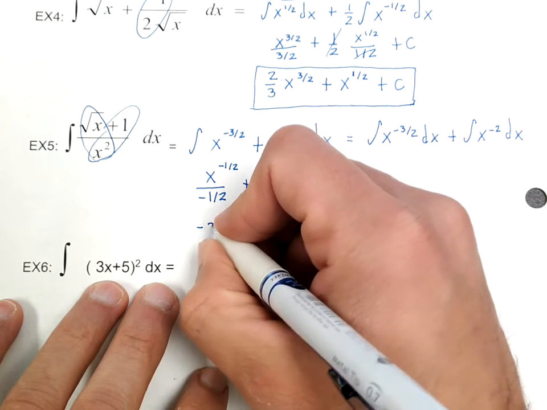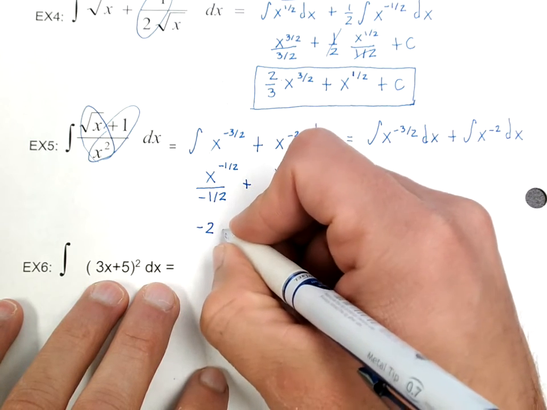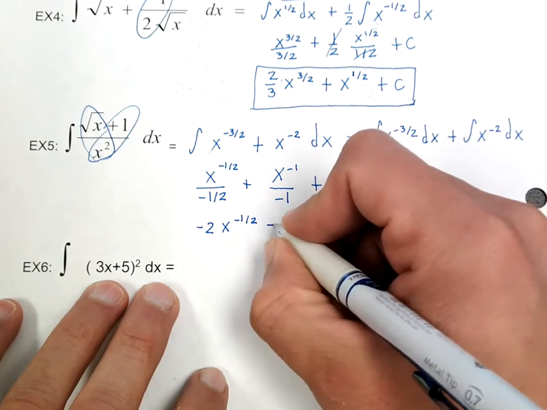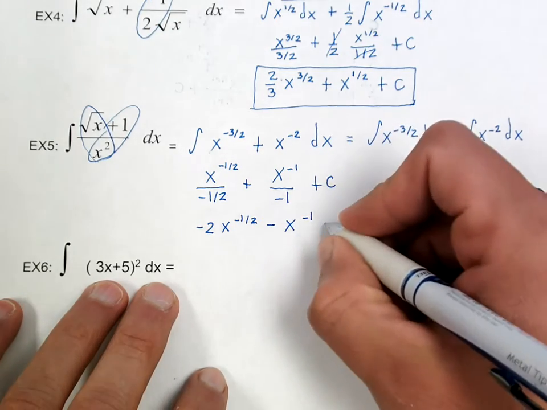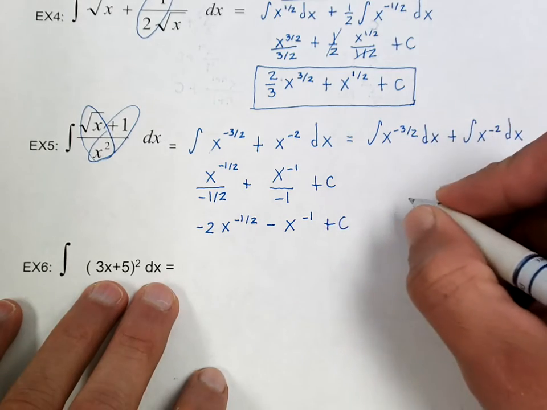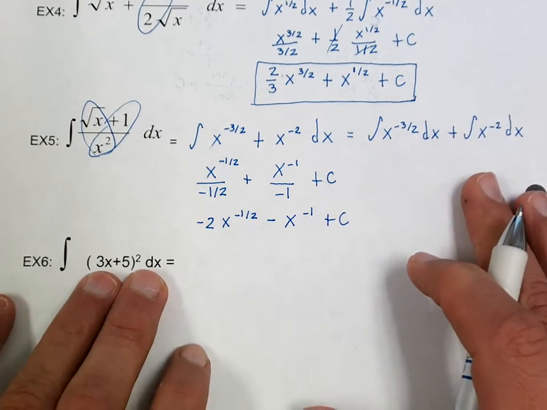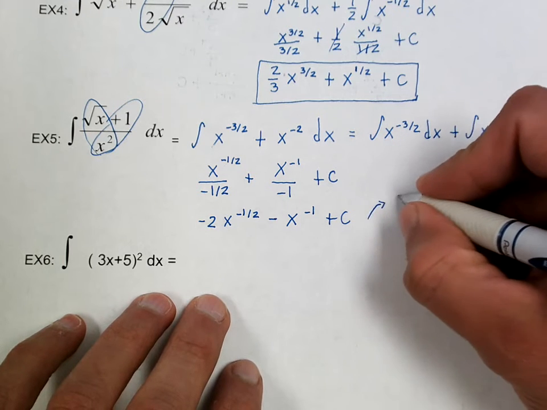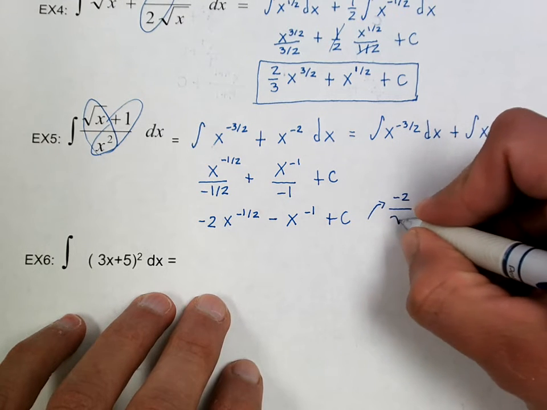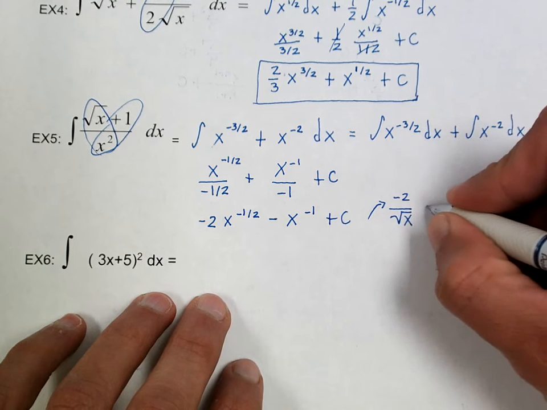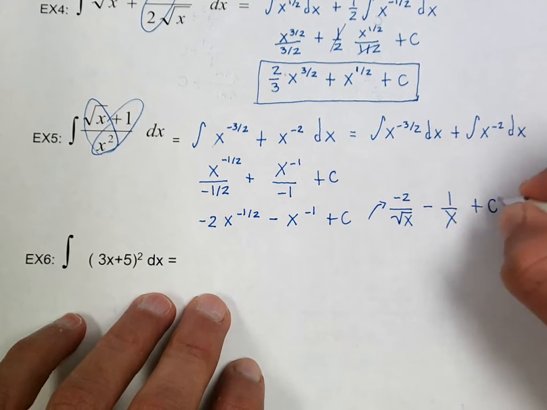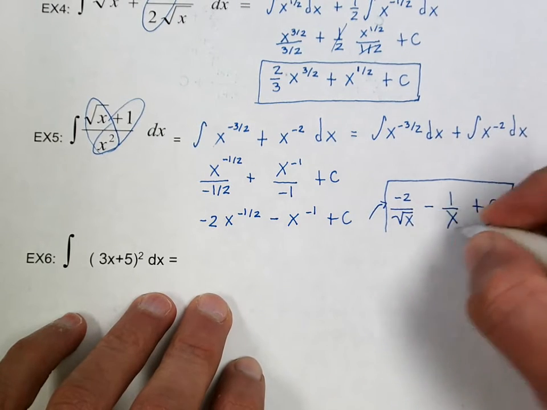So I have negative 2 x to the negative 1/2, minus x to the negative 1 plus c. But I want to simplify it. I don't want to leave any negative exponents, so I'm going to write the answer here: negative 2 square roots of x minus 1 over x plus c. So this would be your final answer right here.